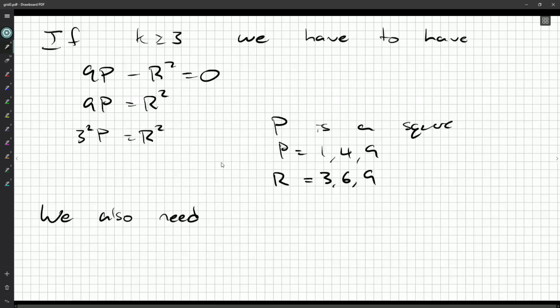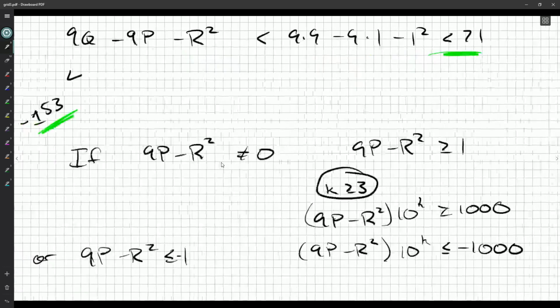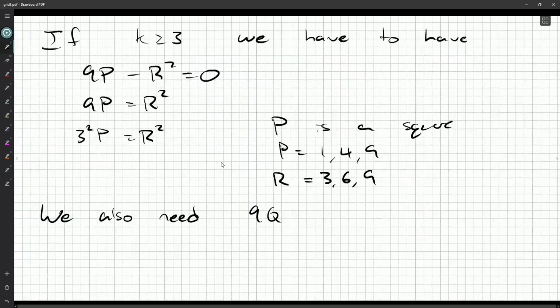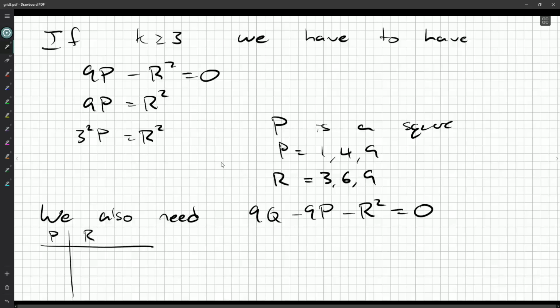So we also need, what is it? 9q minus 9p. The other side of the equation has to be equal to 0 as well. But now we can just try these. So if p is 1, 4, or 9, we get r as 3, 6, and 9, then I guess 9q has to be equal to 9p plus r squared.